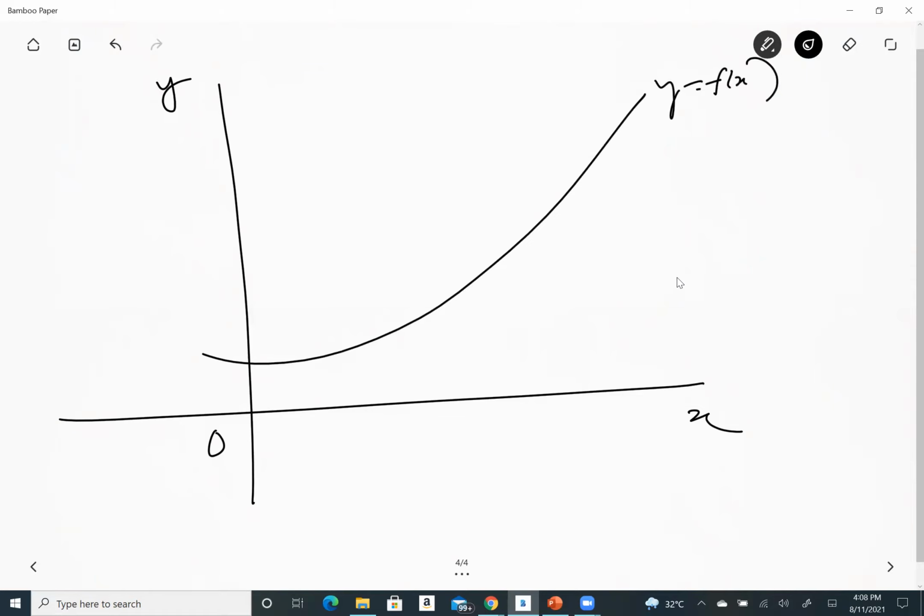Now imagine this is point A. That's point B. And then you have all the intervals in between.